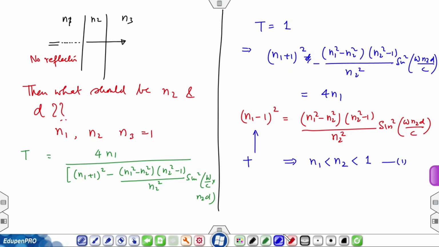Point number 2 is that sin²(ω n2 d / c) will always be less than or equal to 1.